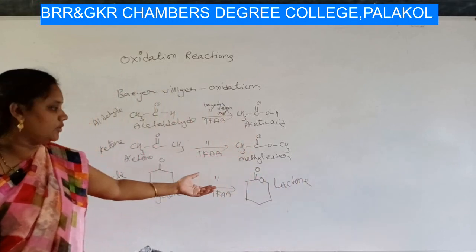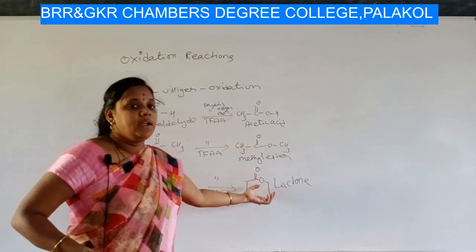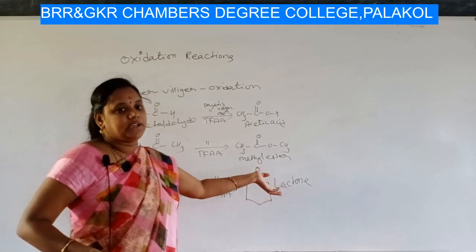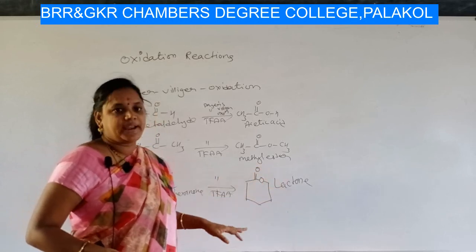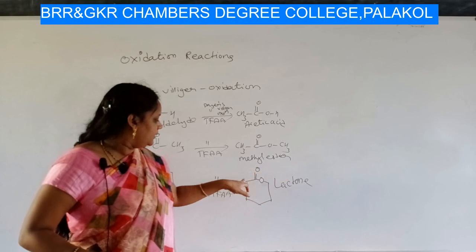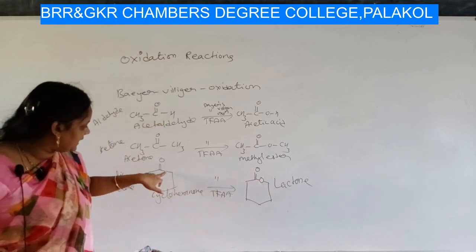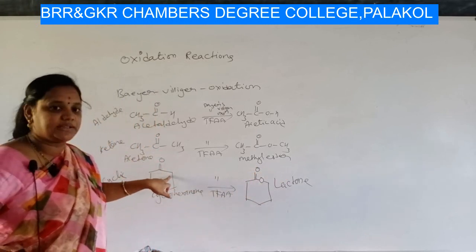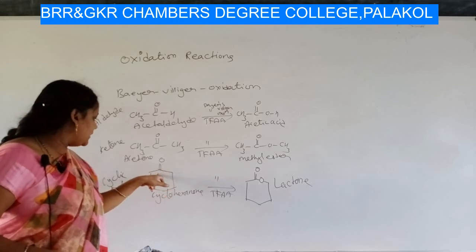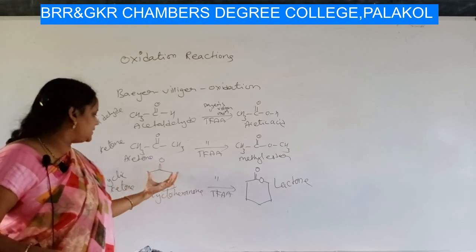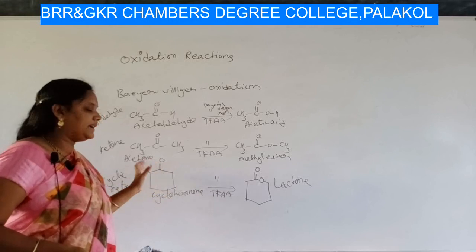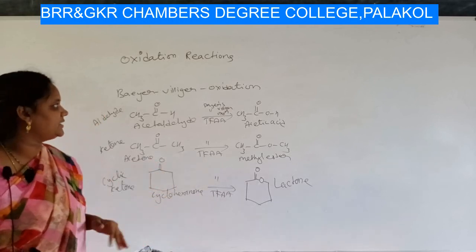It is new to you, students. Please observe the structure of lactones. Insertion of oxygen between these two carbons or these two carbons is the same because this carbon is symmetrical to that carbon. So lactones are formed.